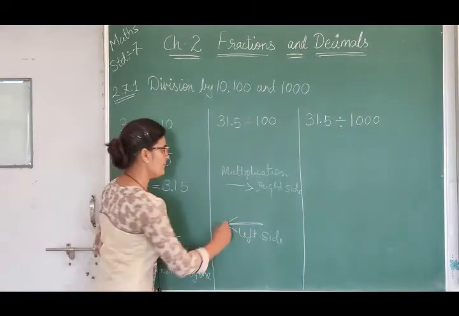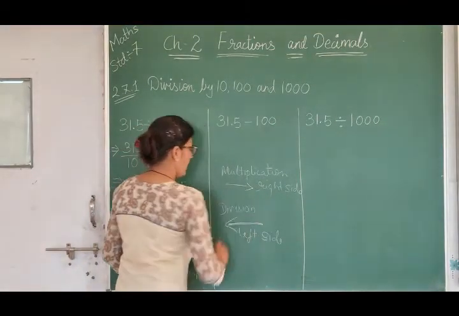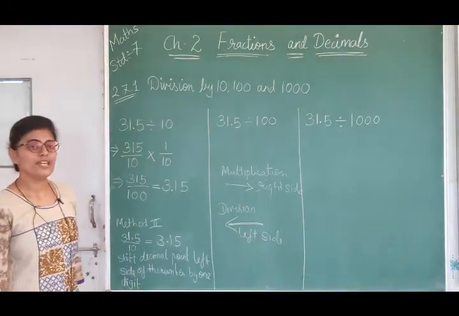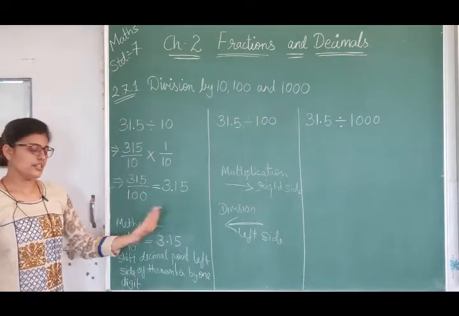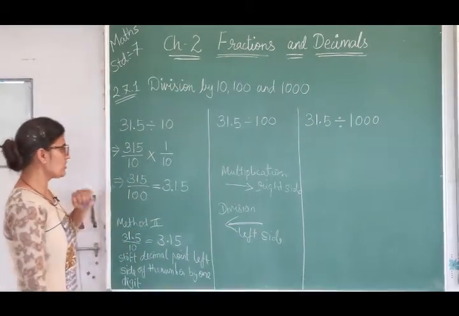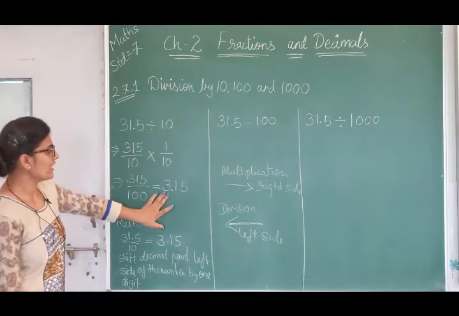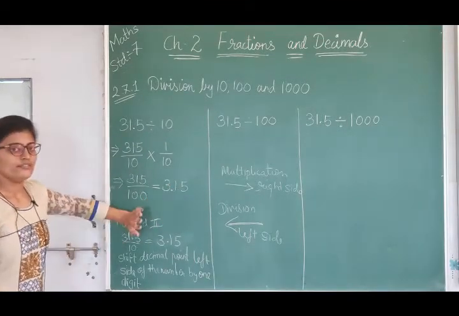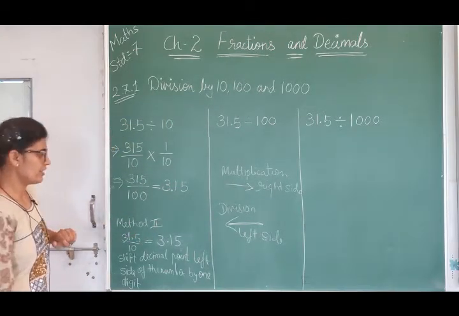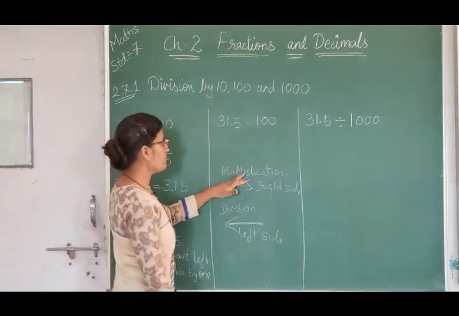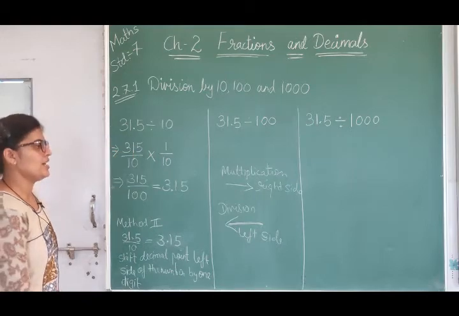And for division, the answer will be smaller. So we have to put the point on the left hand side. So here you can see, here 31.5, what answer are you getting? 3.15. Why? Because we are doing division. So the answer will be less than the question. But if we were multiplying by 10, then what we will get? We will get 315 as the answer.